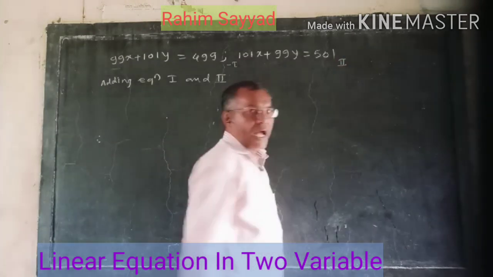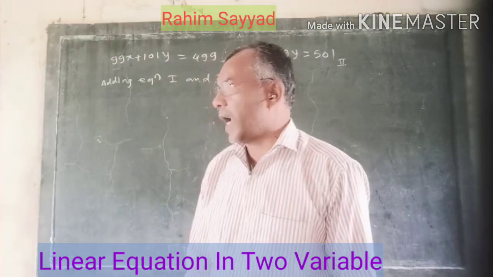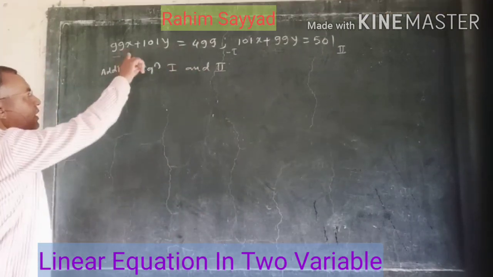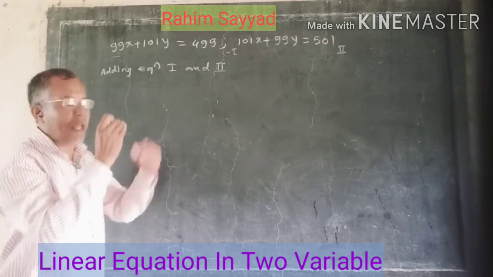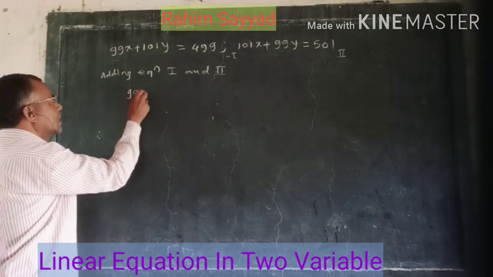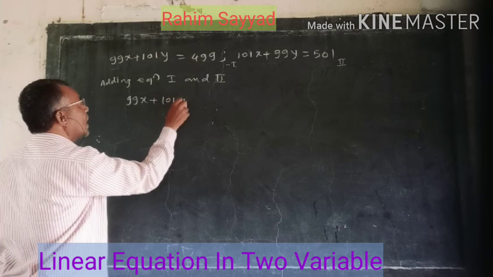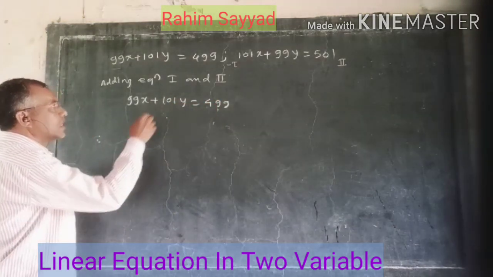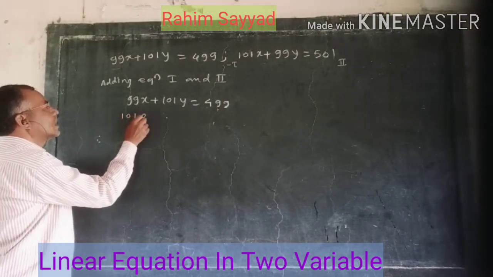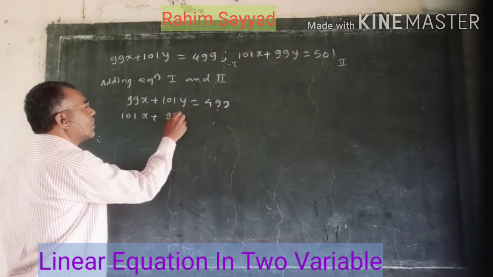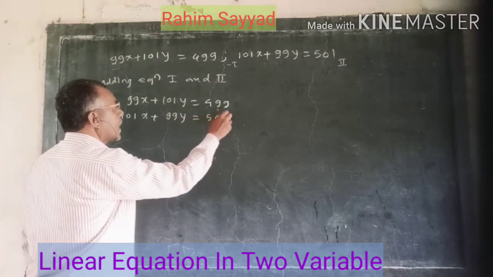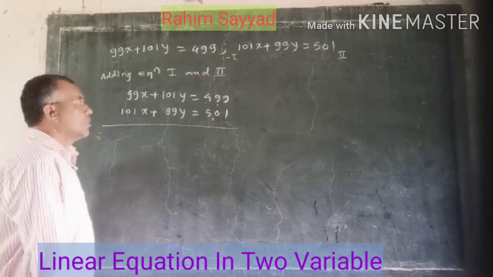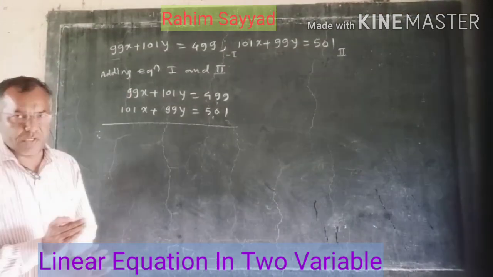After this, you have to write these equations below one by one. 99x + 101y = 499, and the second equation is 101x + 99y = 501. You have to add these two equations. How to add? Add only the coefficients.